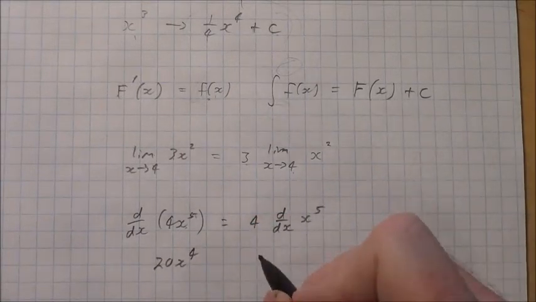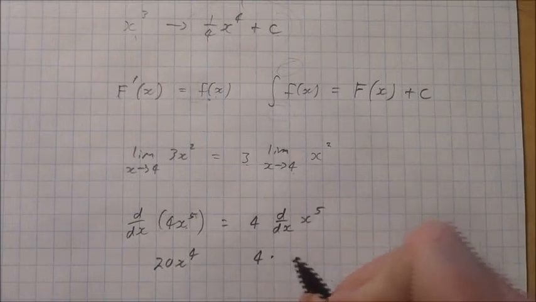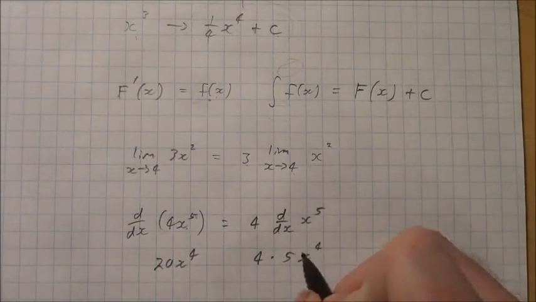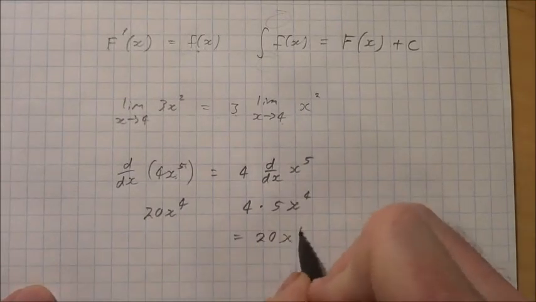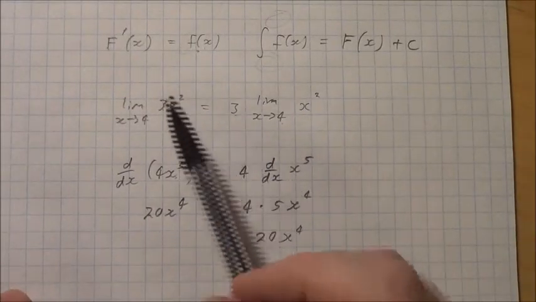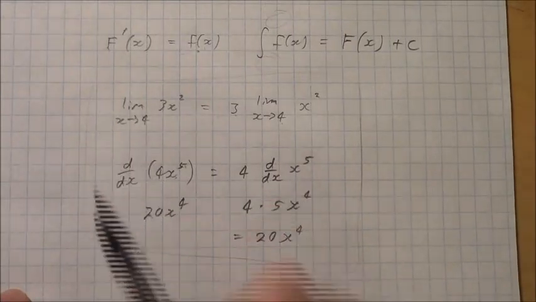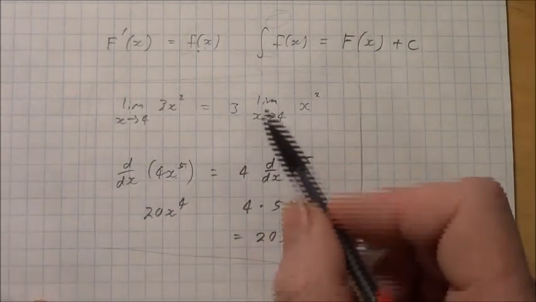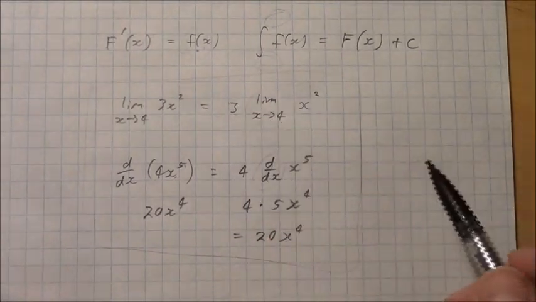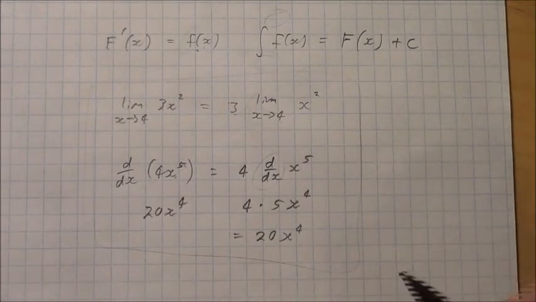In this case, we get 4 multiplied by 5x to the power 4, which simplifies to 20x to the power 4 anyways.